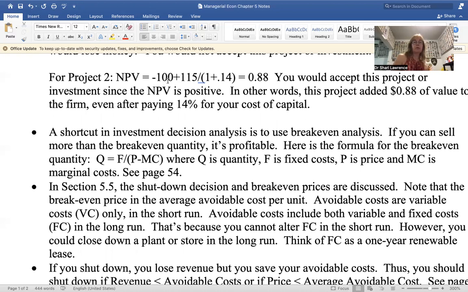So we take negative 100 plus $115 divided by 1.14, and we sum this up and get 88 cents. So this is a positive NPV project, and you would accept it. This means the project added 88 cents to the value of the firm, even after paying 14% to our investors.